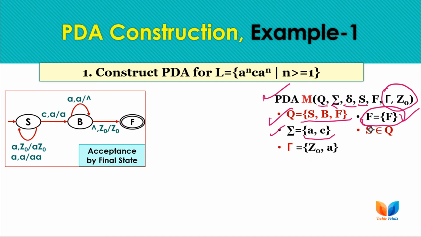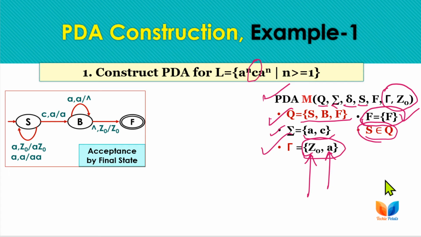S is the initial state for this particular question, and the stack symbols are Z0 and A, because we are pushing Z0, the default or initial stack symbol, and we are pushing A onto the stack. We are not pushing C onto the stack, as the question does not demand it, so C is not considered a stack symbol here. So Z0 and A are the only stack symbols.